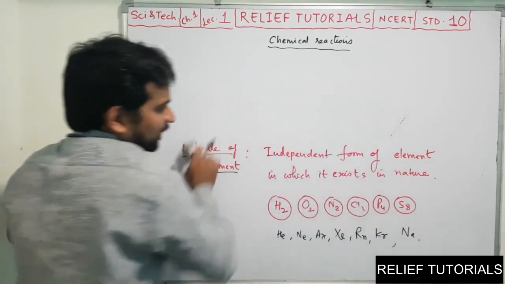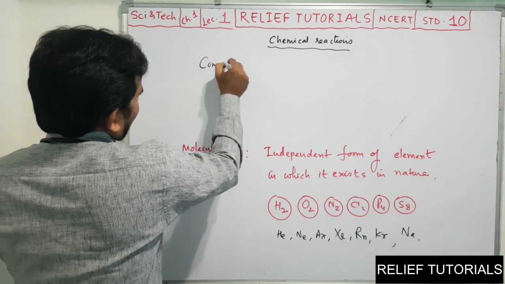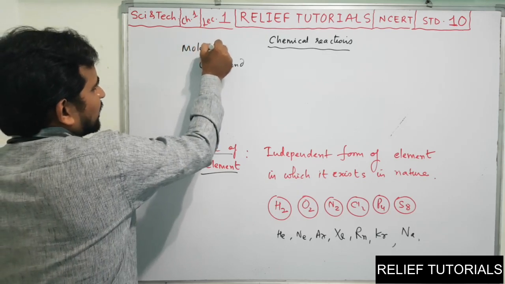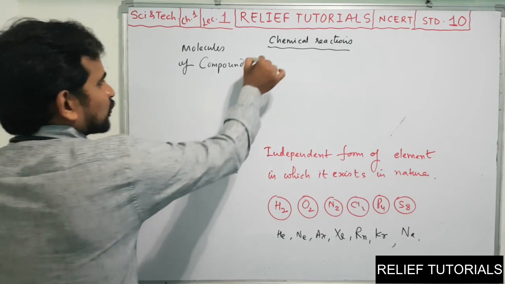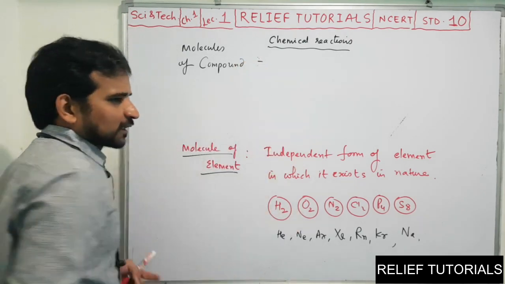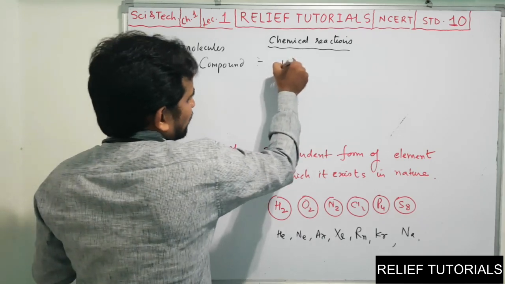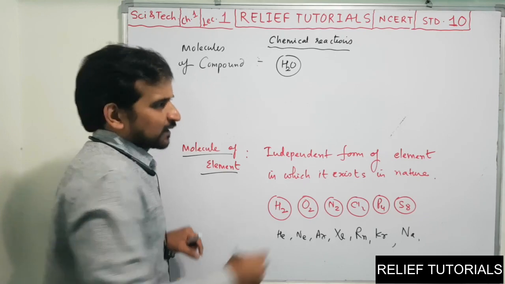Now, what do you mean by compound? Let us see first of all what do you mean by molecule of compound, just like the molecule of element. We know that a compound is made up of two or more substances. So H2O is the molecular formula of the compound water.